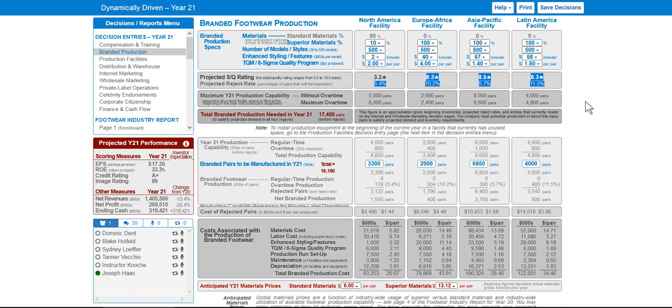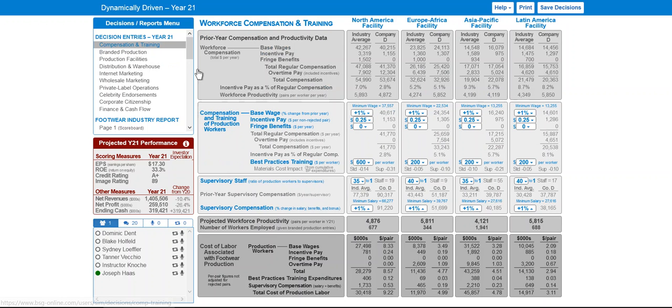But ultimately, when you're producing so much, the rejection rate just kind of got lost. In the early years, it was more important because we had little cash and we had small factories and we were trying to meet demand. Once our factories got so big, the rejection rate really didn't matter so much. It was just about trying to get as many shoes out there as possible.